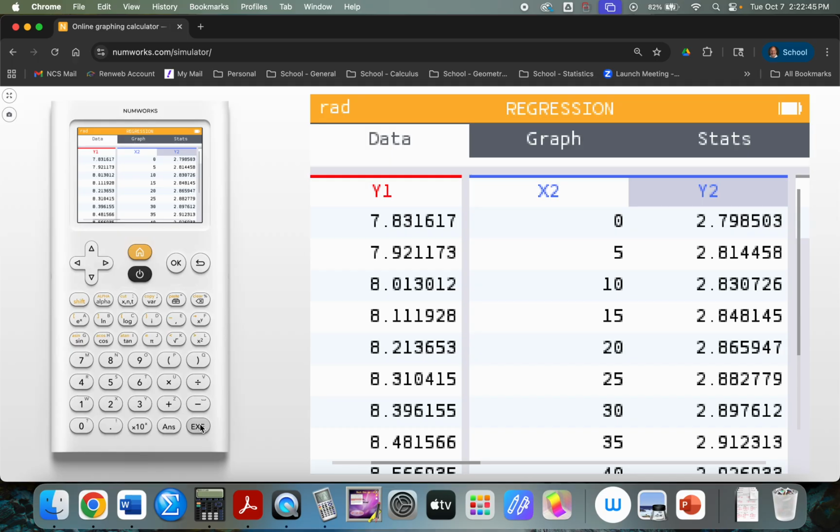And then you can pick a linear model for that and see how good it is. And then again, if you go to regression, you can look at the model. You can also look at R squared. You can also look at the residual plot, which isn't great, but it's better than it was. Okay?